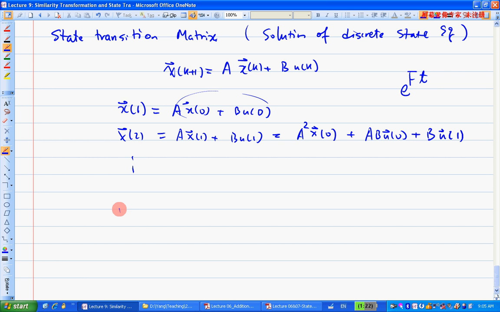So if you keep going up to k here, if you watch carefully, this is A squared, 2 is for 2, so that'll be A to the power of k, x of 0, right? It'll be this. And there are a whole bunch of other terms in the back there.